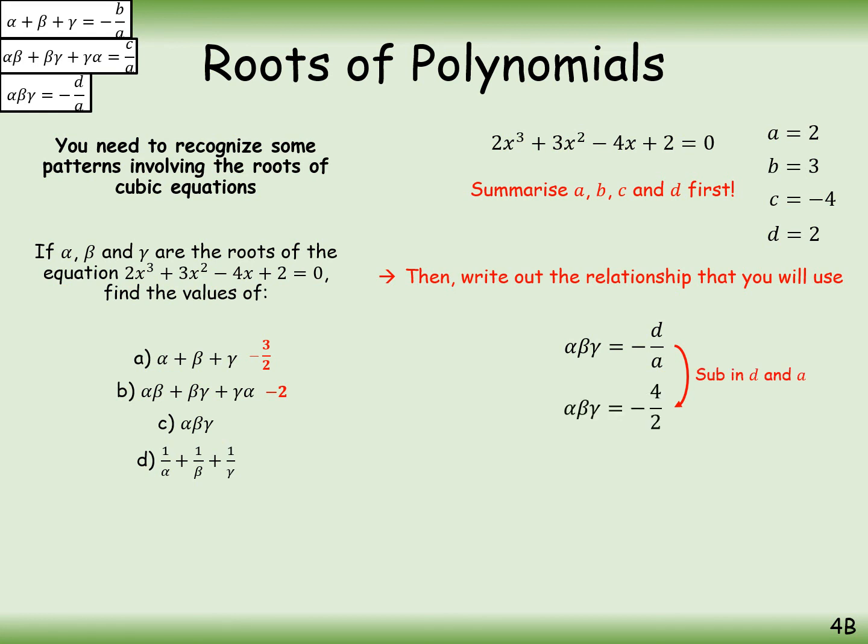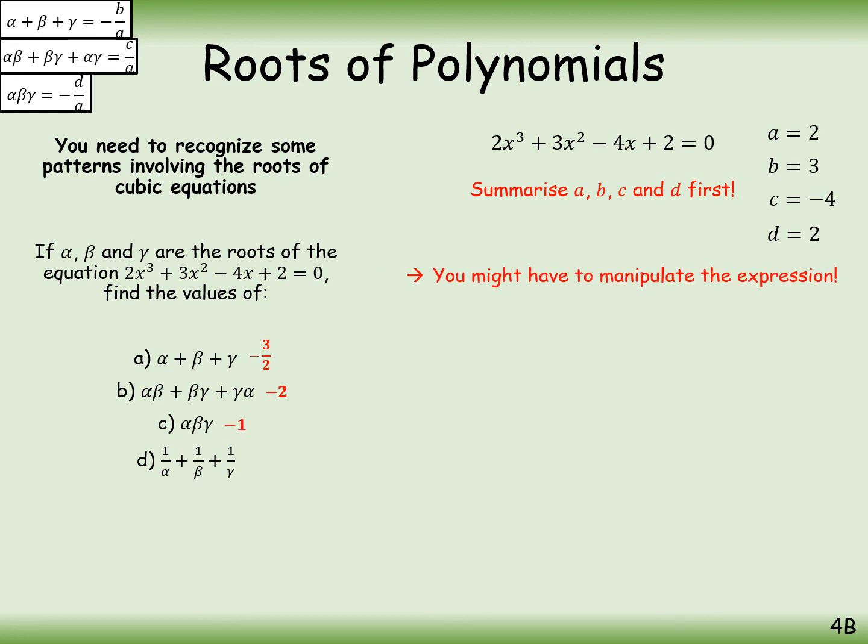So if we substitute in d and a, we get minus 4 over 2, which equals to, or we should have said minus 2. So the typo here. I shouldn't have said minus 4 over 2, should have said minus 2 over 2, which is minus 1. So the product of all three, alpha beta gamma, is actually indeed minus 1.